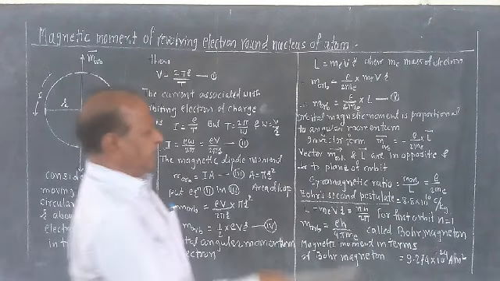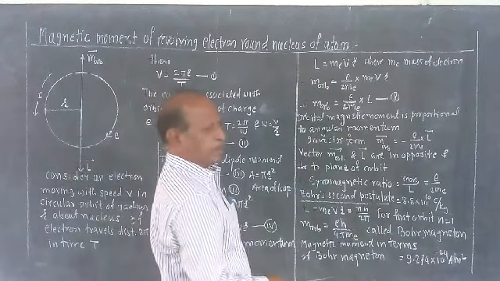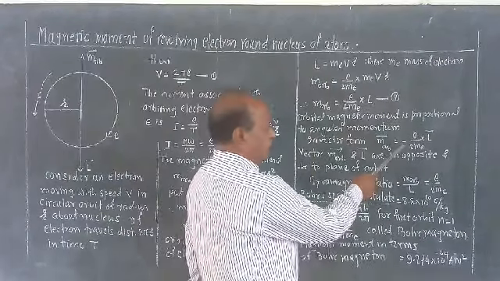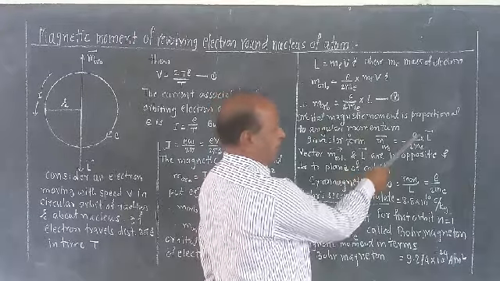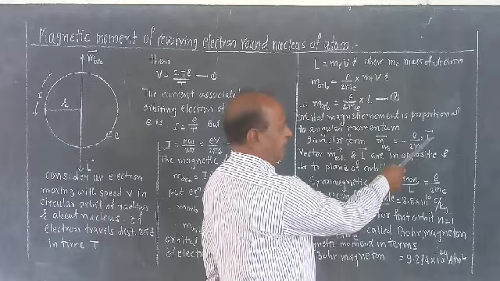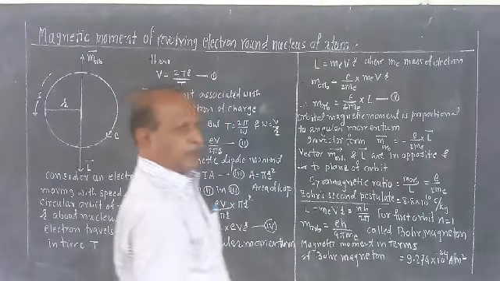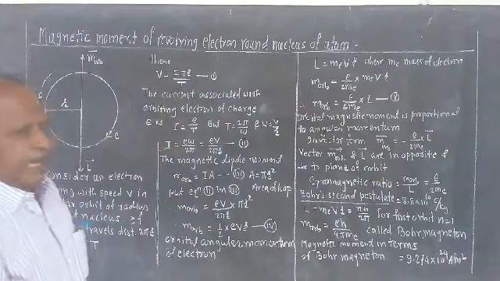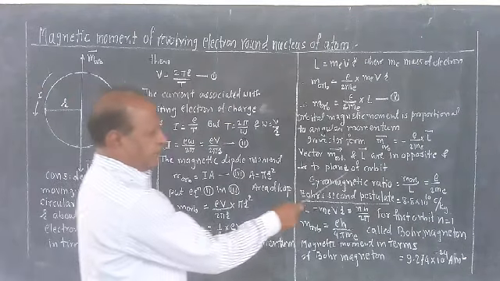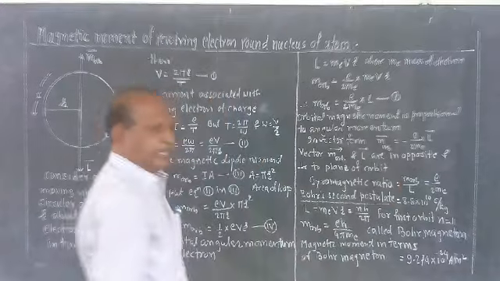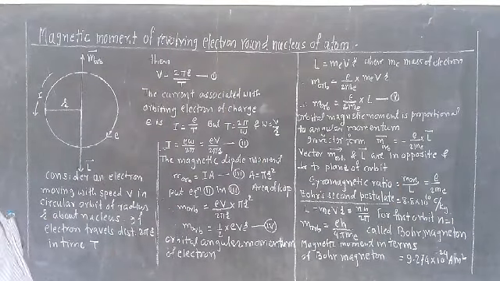Now we write in vector form. Then there is a negative sign. So M orbital in vector form is equal to minus e divided by twice m e into L vector. That means dipole moment and angular momentum are in opposite directions.